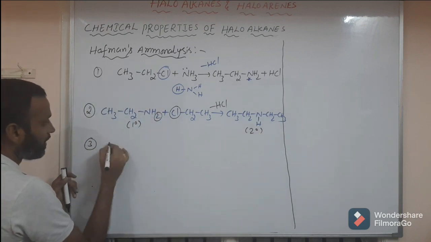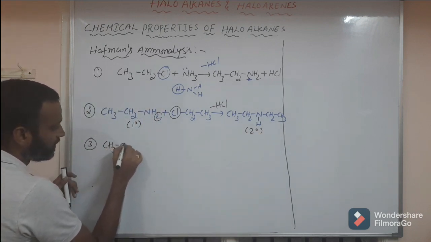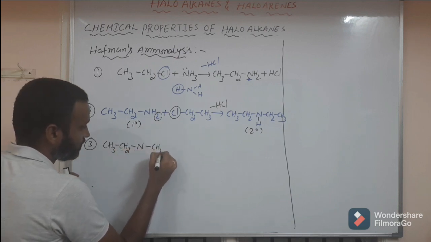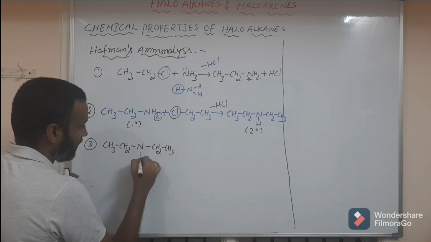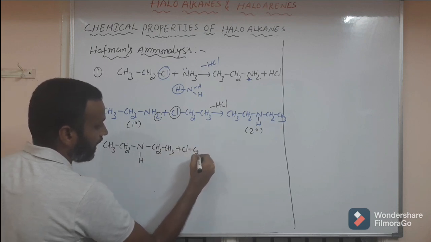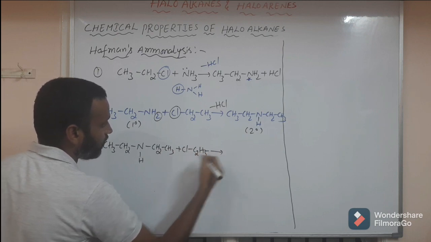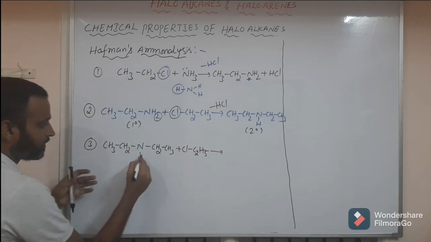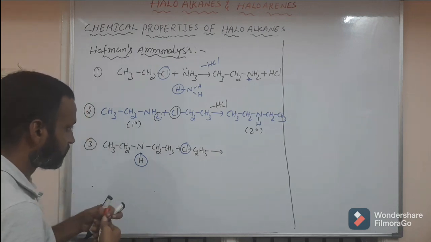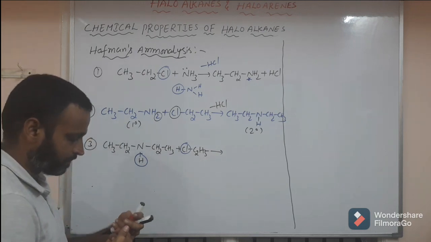Now this secondary amine, that means CH3CH2, N and CH2CH3 and H, can react with 1 more mole of ethyl chloride. I will write C2H5Cl. Again this H and this Cl will go. Correct? Understanding what I am saying?